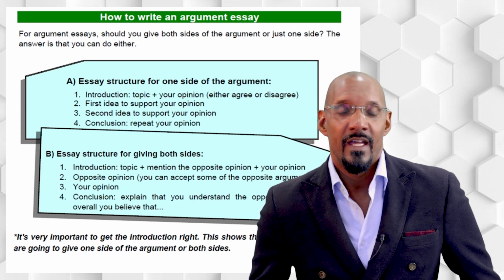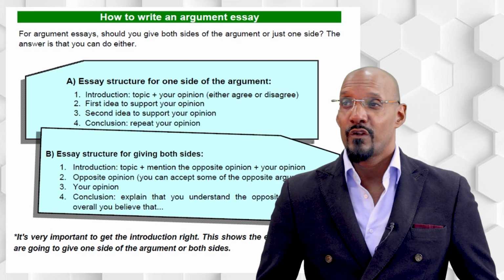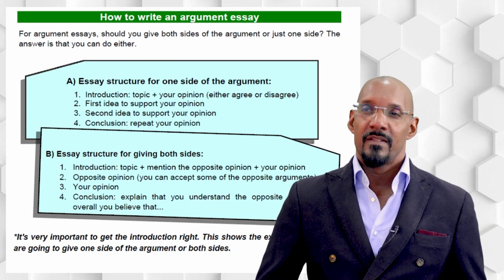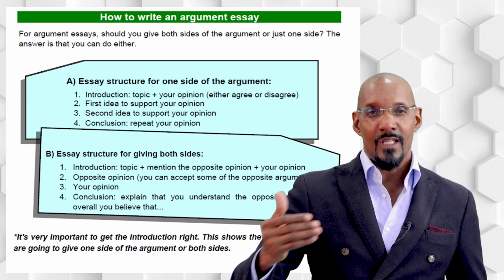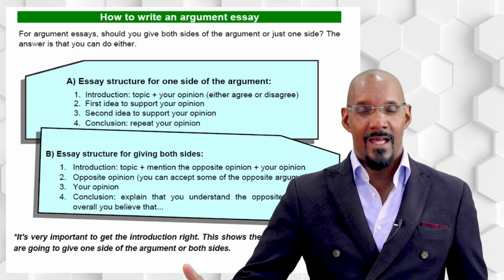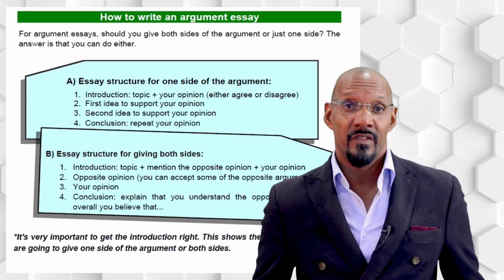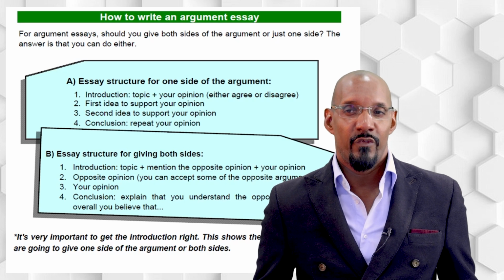So let's take a look at the first one. In this slide, you have the structure for a one-sided argument. And in a one-sided argument, in the introduction, you have to cover the topic itself and your opinion, either agree or disagree. That's why we talked about the positive and negative words. If you look here, you have number 1, 2, 3, and 4.